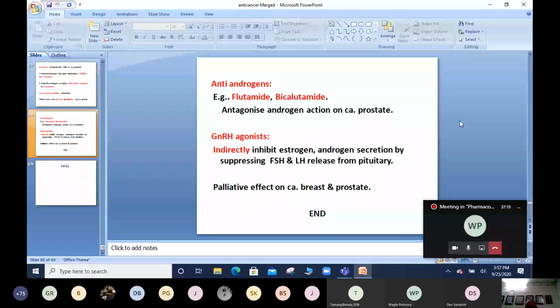Now, you may be wondering how to remember all these drugs. In your syllabus, there is only a superficial knowledge about anti-cancer drugs: their general principles, general toxicities, toxicity amelioration, and classification of the drugs.